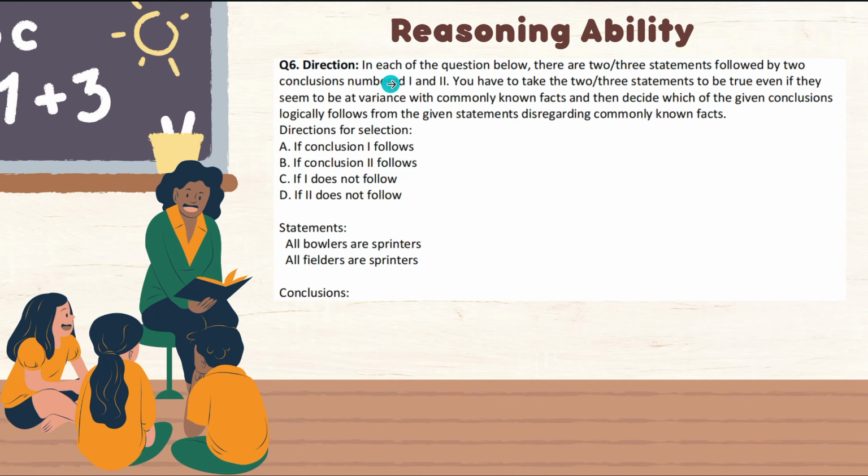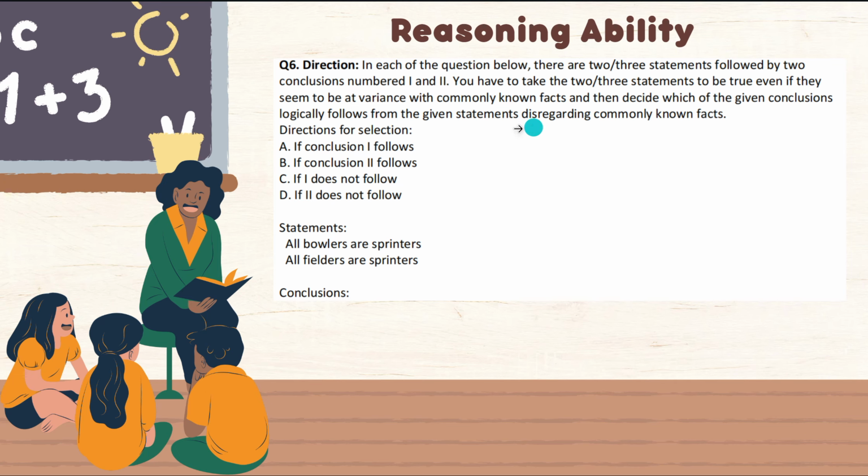The question is: in each of the questions below, there are 2 or 3 statements followed by 2 conclusions numbered 1 and 2. You have to take the statements to be true even if they seem to be at variance with commonly known facts, and then decide which of the given conclusions logically follows from the given statements.